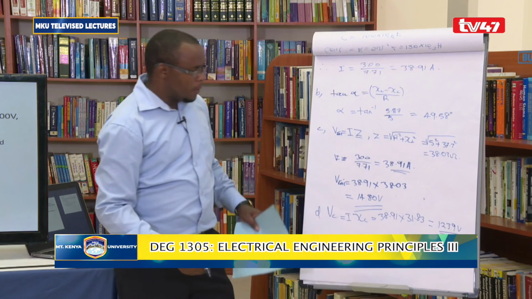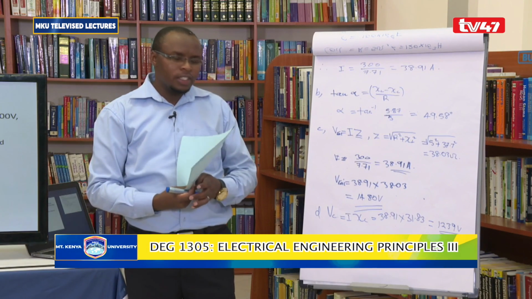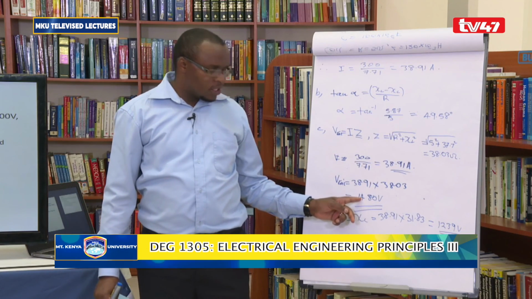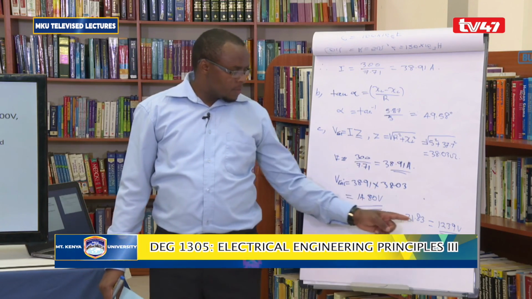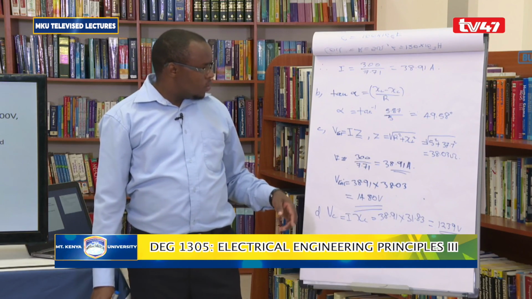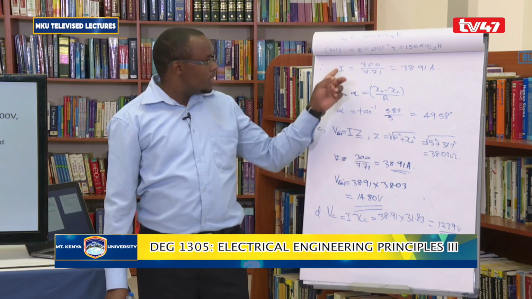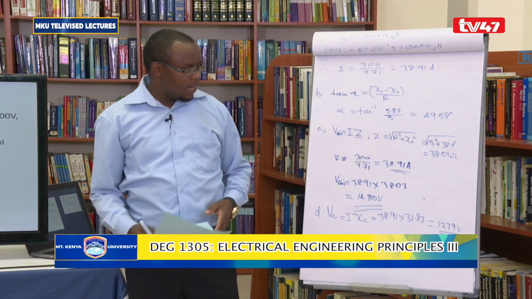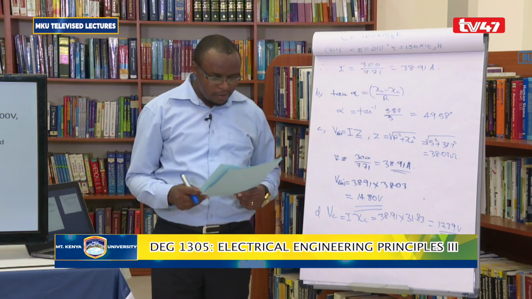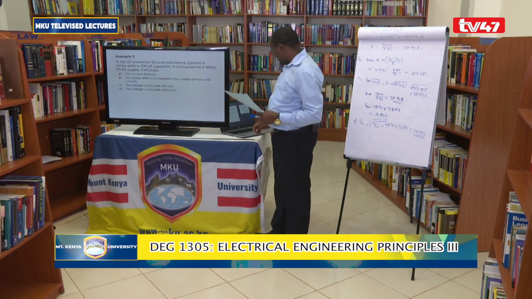So that is going to be the voltage across the capacitor. And of course, if you take this voltage squared plus this voltage squared, and get the square root, it's going to give you the resultant voltage V, which is 300. So that is the way you go about finding the voltage across the capacitor.